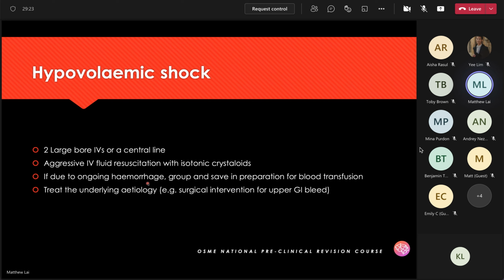If there's hemorrhage, so if they're losing fluid from their circulation because they're bleeding, you'd want to do a group and save in preparation for blood transfusion. And then after that, you treat the underlying cause of hypovolemic shock. So, for example, if they're bleeding, you'd want to perform some kind of surgical intervention to stop the bleeding.